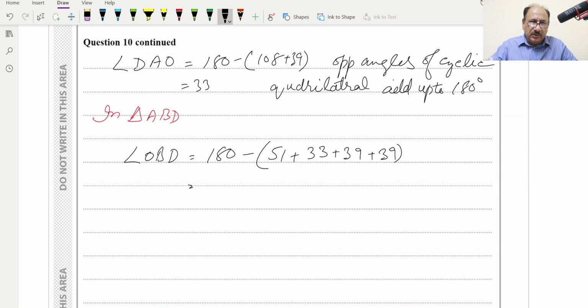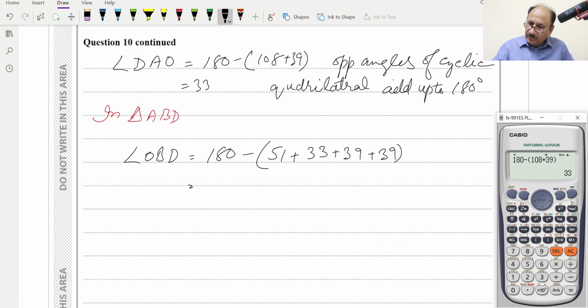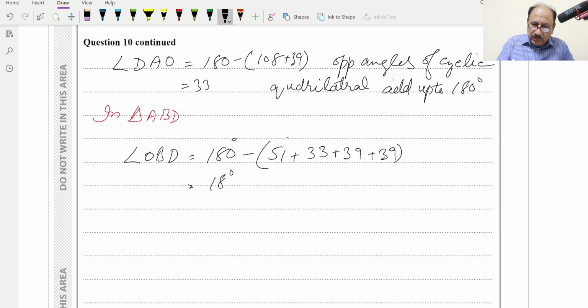We will first solve, then write the reason. So 180 minus (51 plus 33 plus 39 plus 39) is equal to 18 degrees.